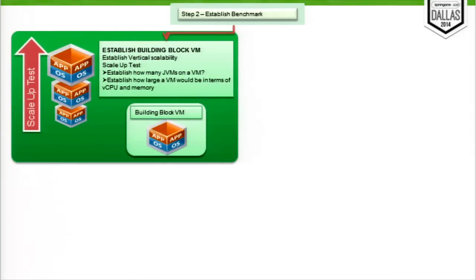OK, but really what I wanted to focus on is step 2. Now, in step 2, what we do is set up a building block VM. Let's just make the math simple here. Earlier I talked about category 1 platforms, right? Category 1 platforms, you don't have to have 1 JVM to 1 VM. You could have multiple JVMs on a VM.